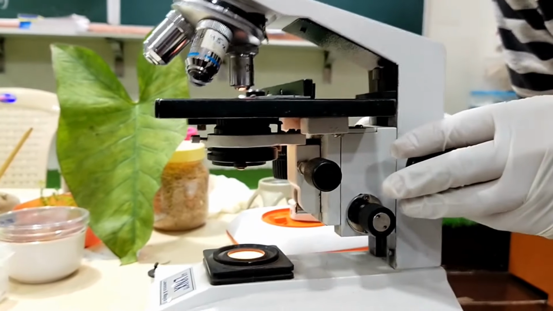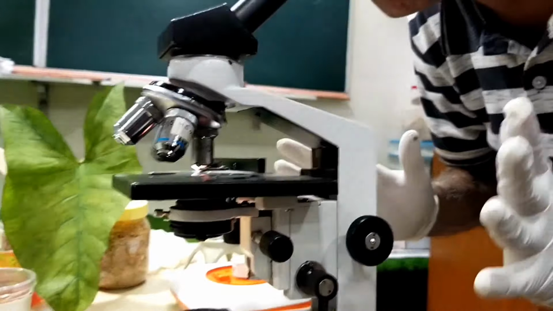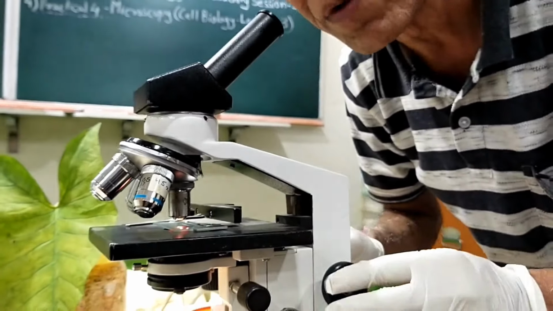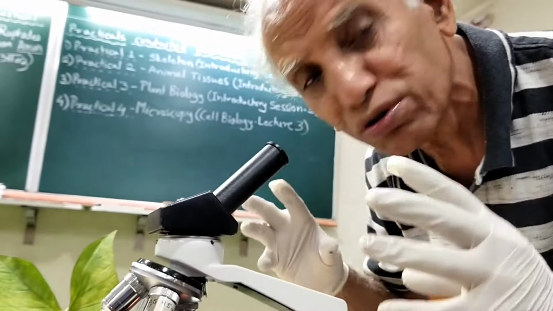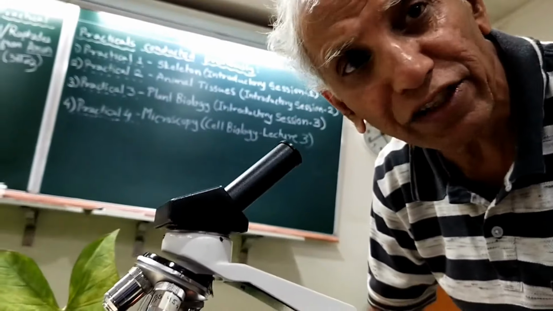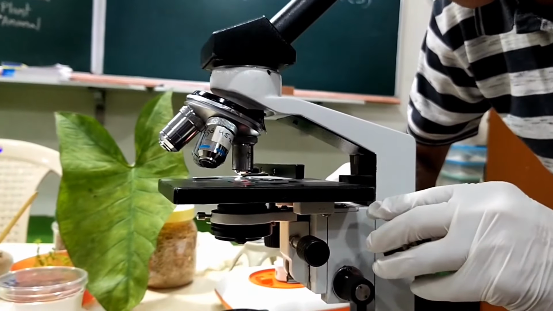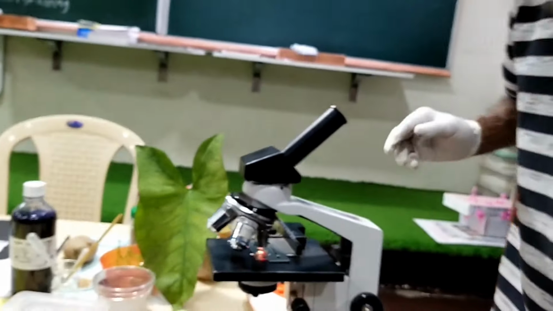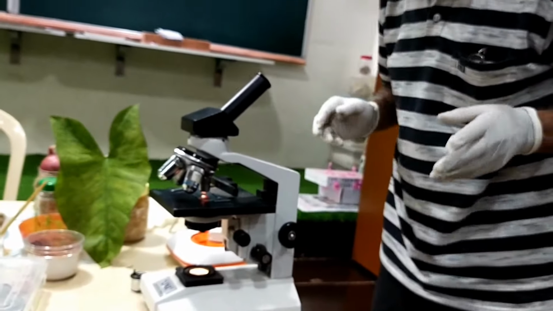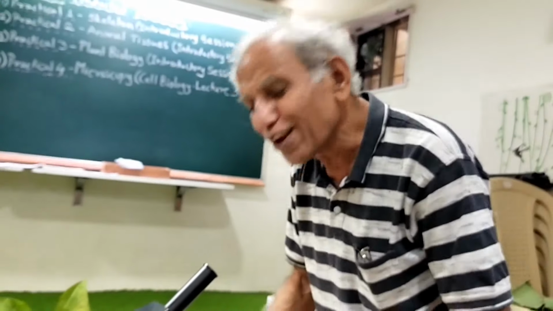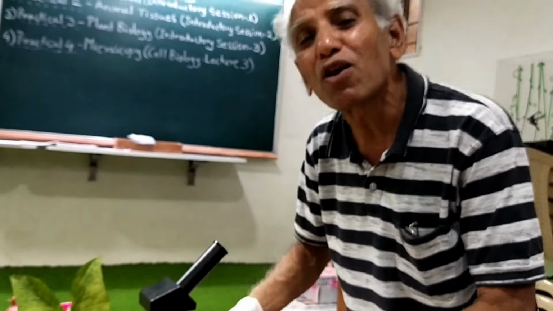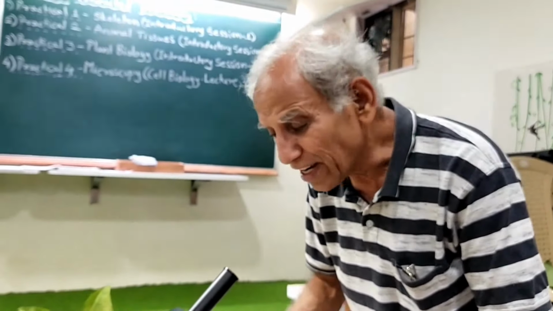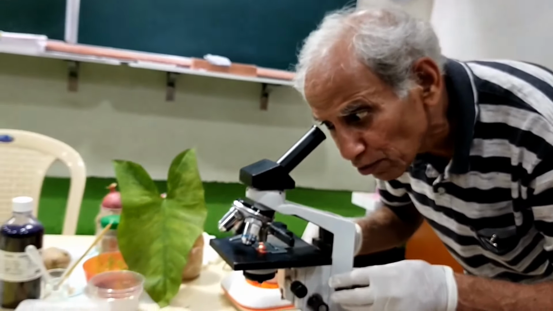You can look at me very carefully. I'm keeping both eyes open. That's very, very important. You should put both your hands together on the adjustment, the coarse or the fine, and keep both eyes open. Many people think that you have to look with one eye closed. It's nothing like that. It's a wrong way. Many people are wrongly trained. See, I'm looking through with both eyes open.